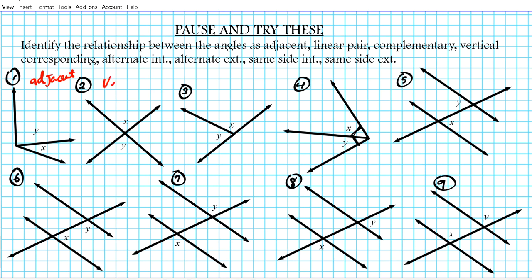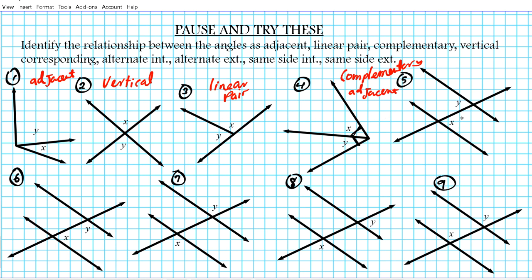Number 2, these are vertical angles. Number 3, these form a linear pair. Number 4, these are complementary, and they're also adjacent. I didn't put the box there earlier, so it's hard to know that it's complementary. With the box there, you know that it's complementary.